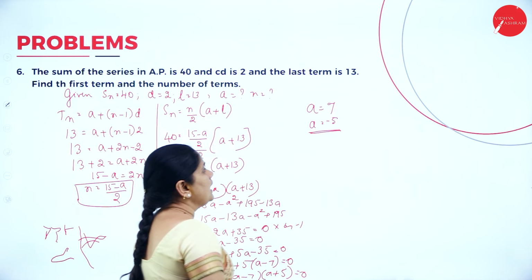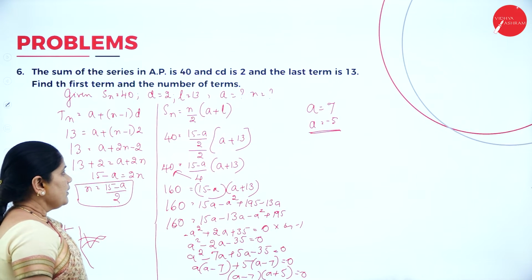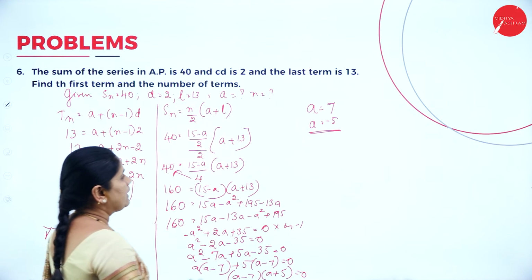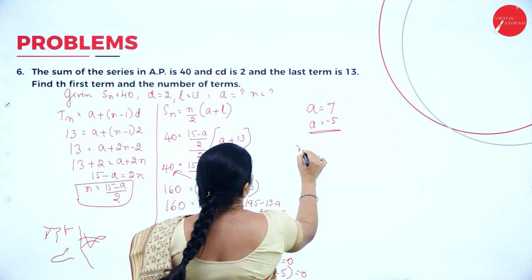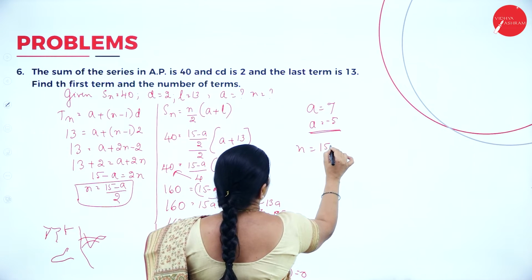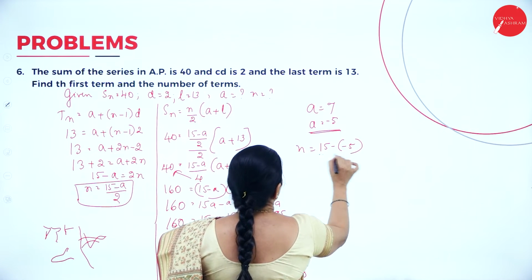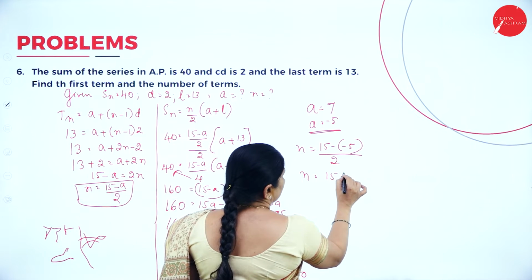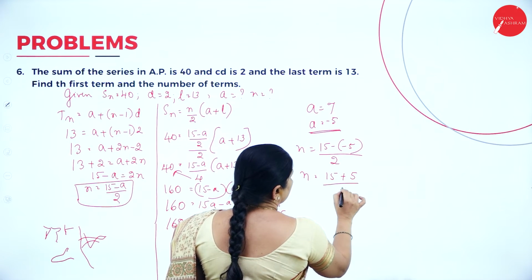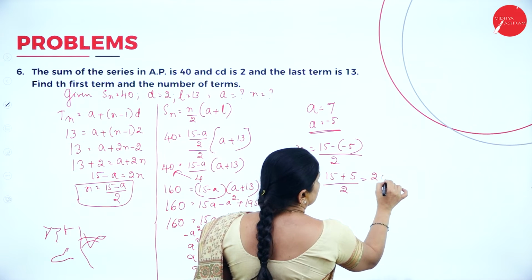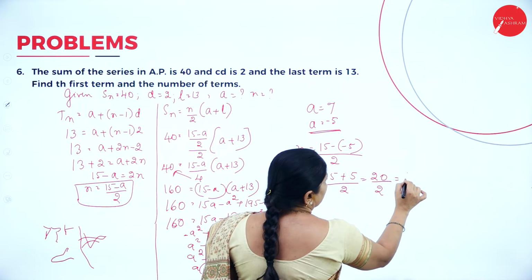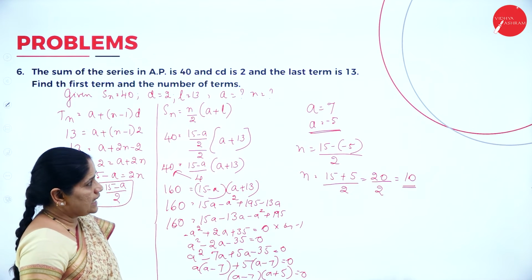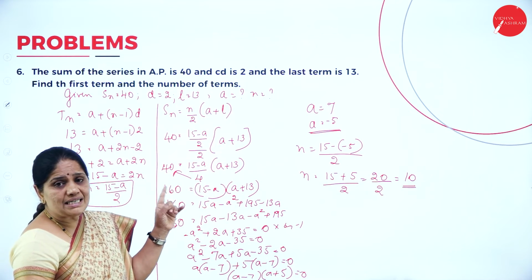So this is the answer. So with the help of A equals minus 5, we will find the value of n. So n will be equal to 15 minus of minus 5 divided by 2. So n will be 15 plus 5 divided by 2, that is 20 divided by 2, that is 10. So n is 10 when A is minus 5.